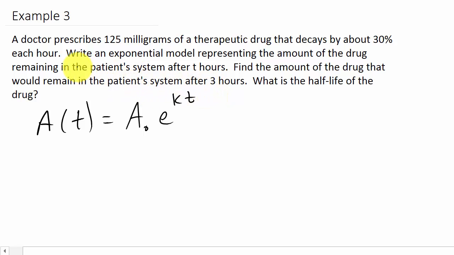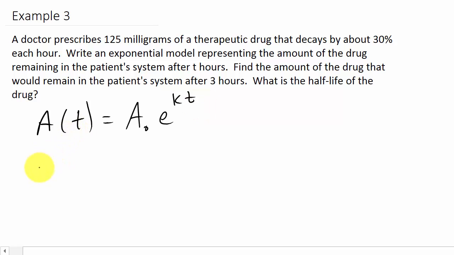Let's see what it says. After each hour, the drug has decayed by about 30%. Let's see what that means. First we need to look at how much we started with. A sub 0 is the initial amount, the amount you start with, and in this problem we started with 125 milligrams.